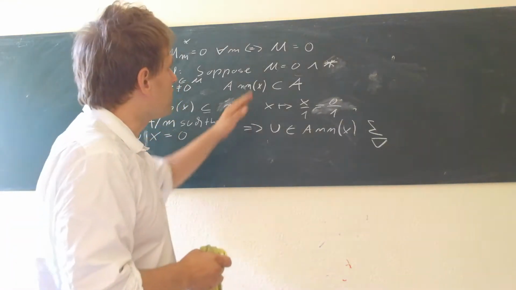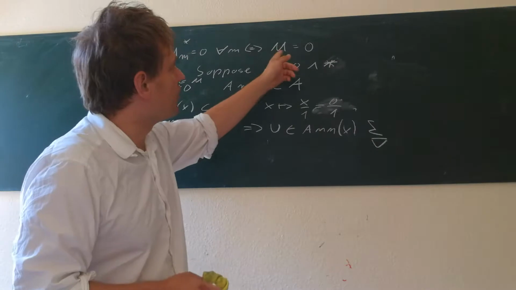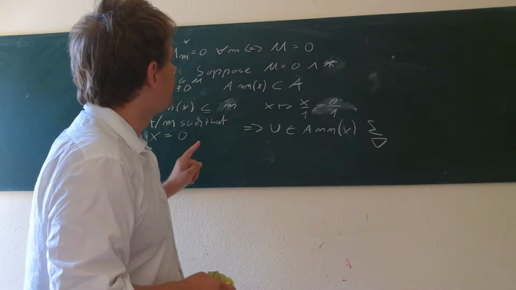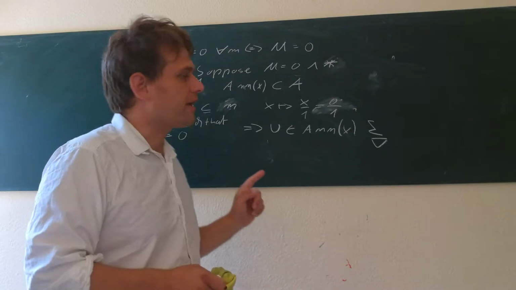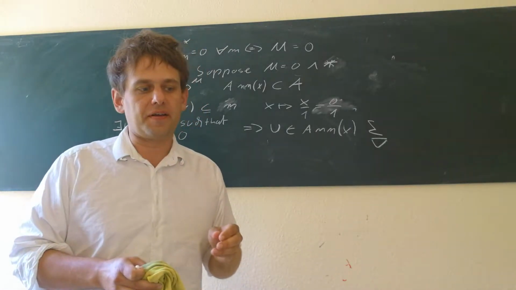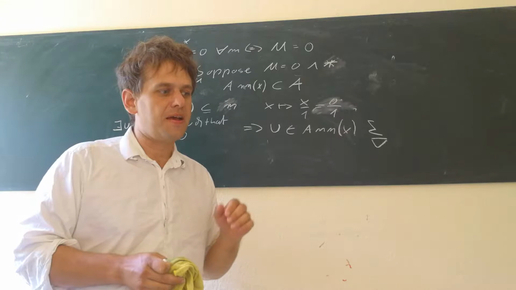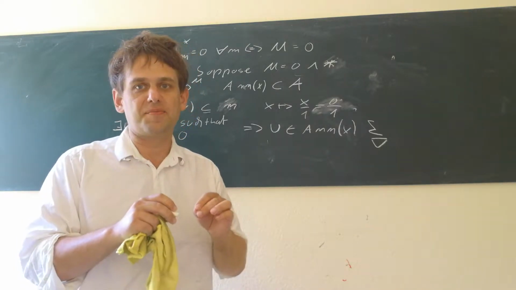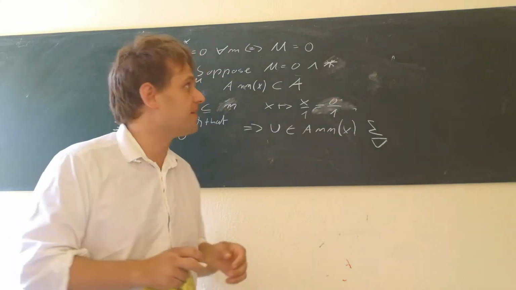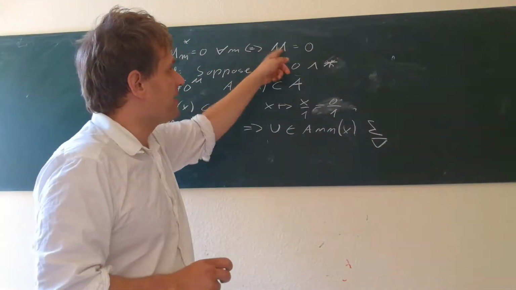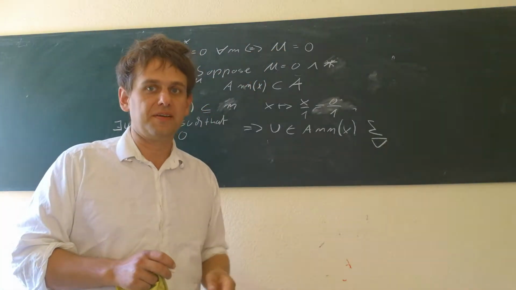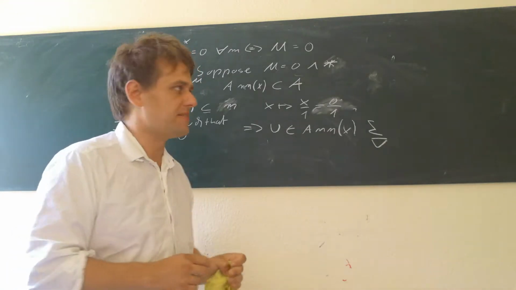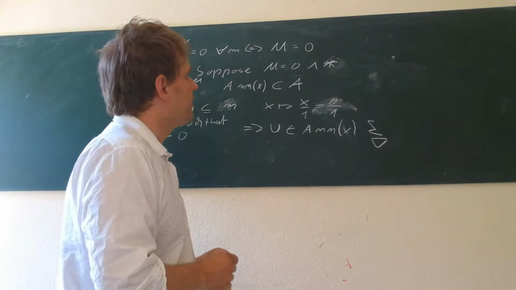So what I need to convince you of is that it is enough that M localized at P for every prime ideal is 0 to conclude that M is 0. So being 0 locally implies being 0 globally.